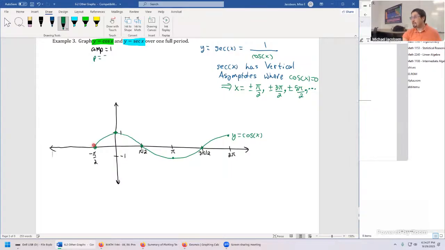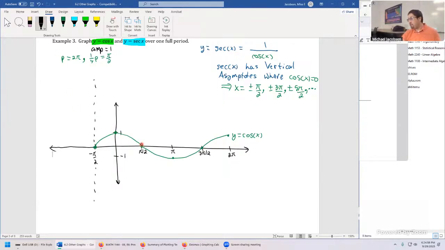The period is 2 pi, so 1/4 of the period is pi over 2, and we went left by pi over 2 to get here. The reason we did that is we're starting on a vertical asymptote. That's where cosine goes to 0. We have a maximum value.